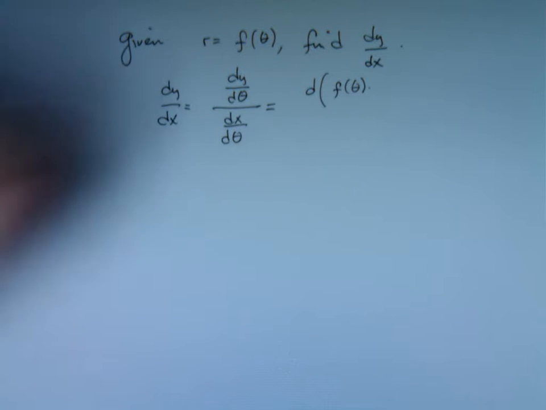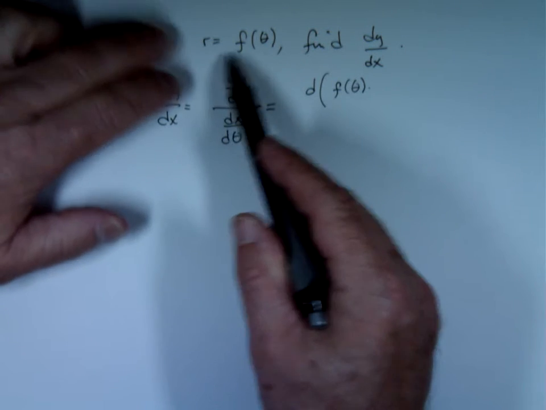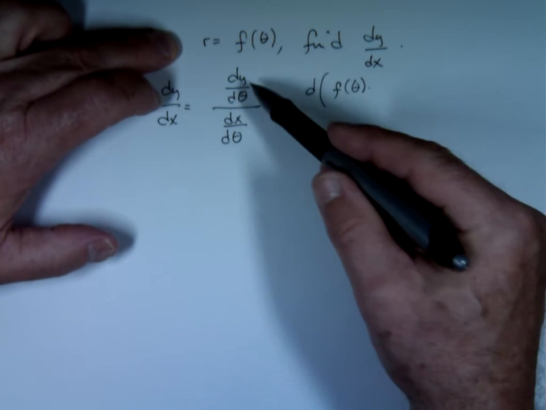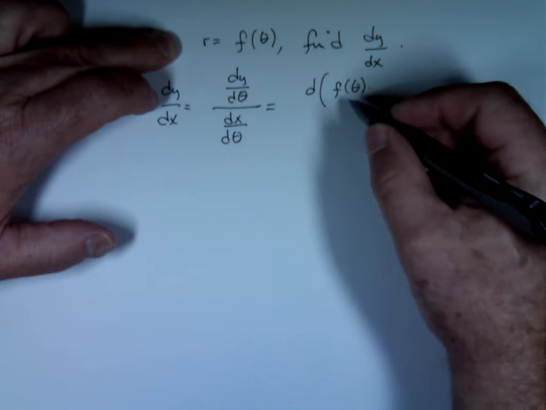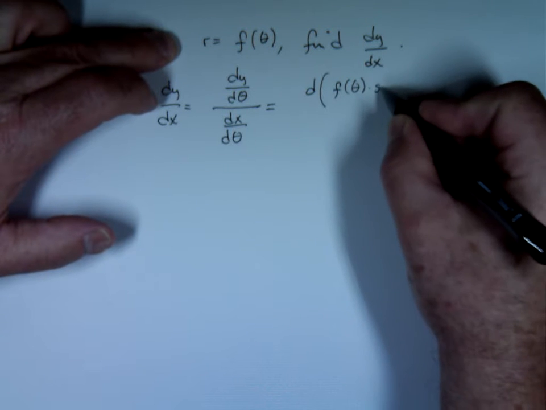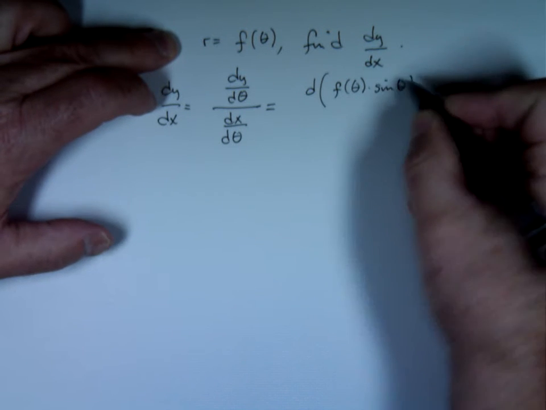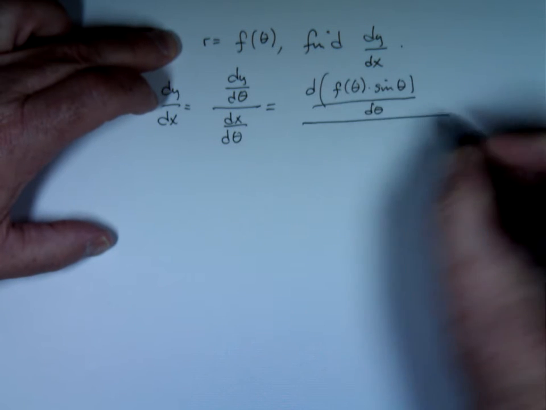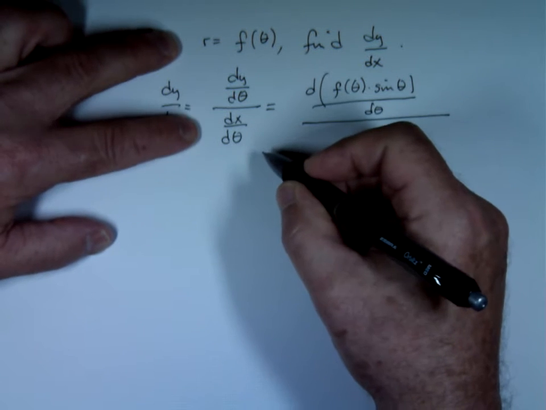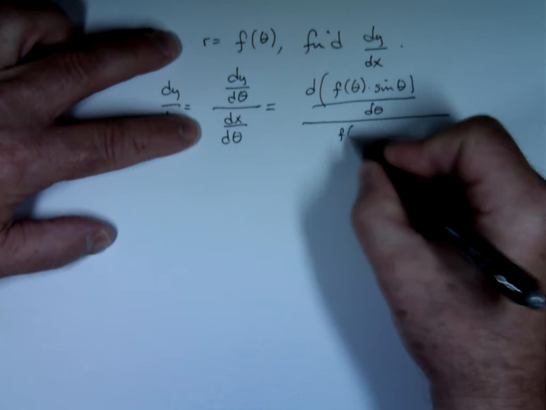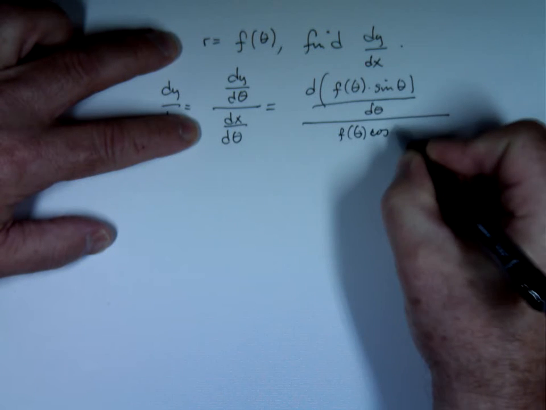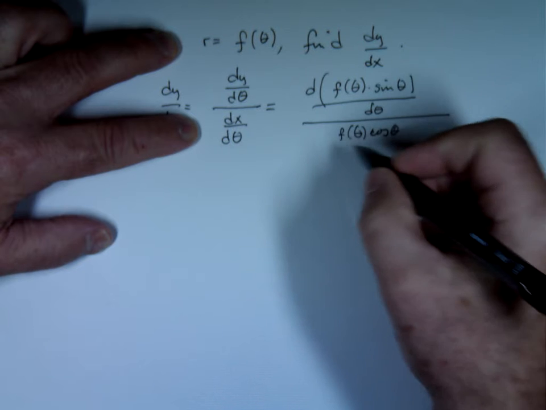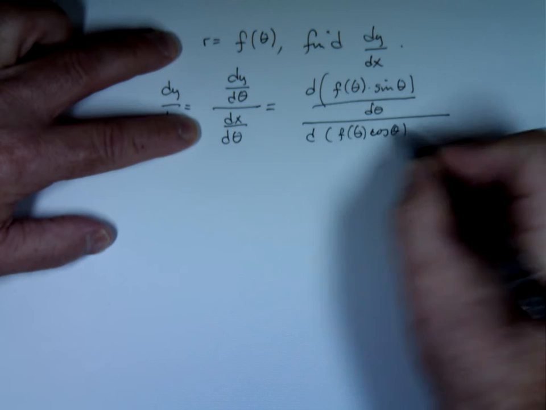So r is f of theta, so y is going to be f of theta sine theta. We're going to have to take its derivative with respect to theta. The x is r cosine theta, so that's f of theta cosine theta, and we'll have to take that derivative with respect to theta.